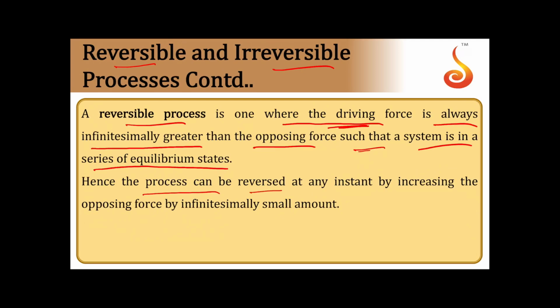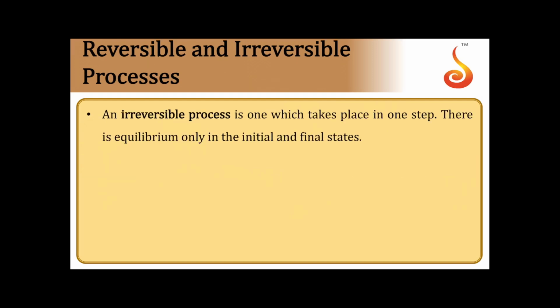Hence, the process can be reversed at any instant by increasing the opposing force by an infinitesimally small amount. Such a process is said to be a reversible process. Theoretically, it takes infinite time to complete a reversible process.